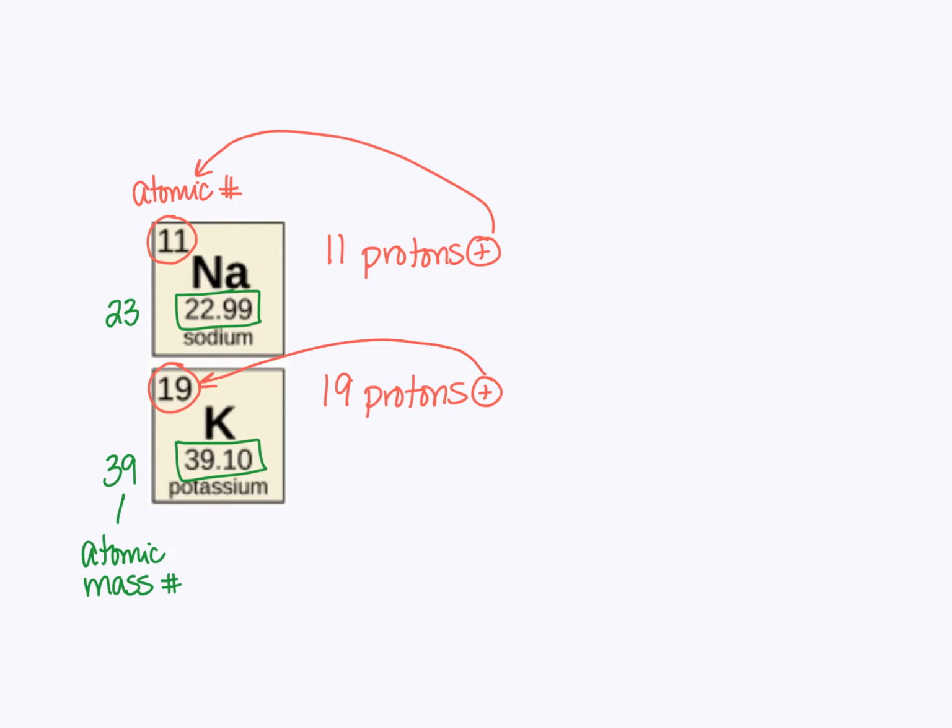Sodium, to find out the number of neutrons it has, we're going to take the atomic mass number, which is 23. We're going to subtract the number of protons, which is based on the atomic number, and the answer we're going to get is 12. So sodium has 12 neutrons.